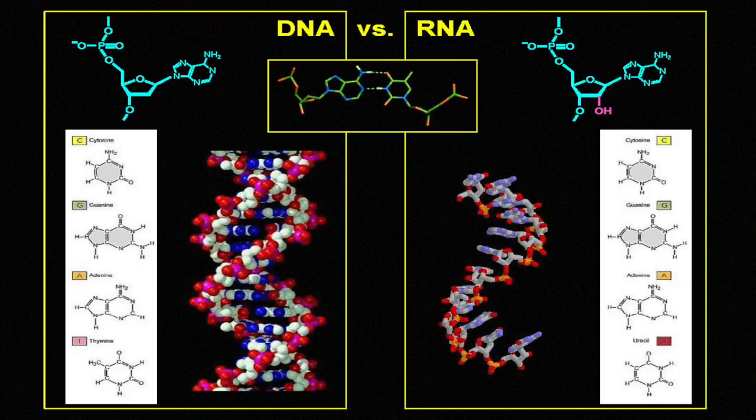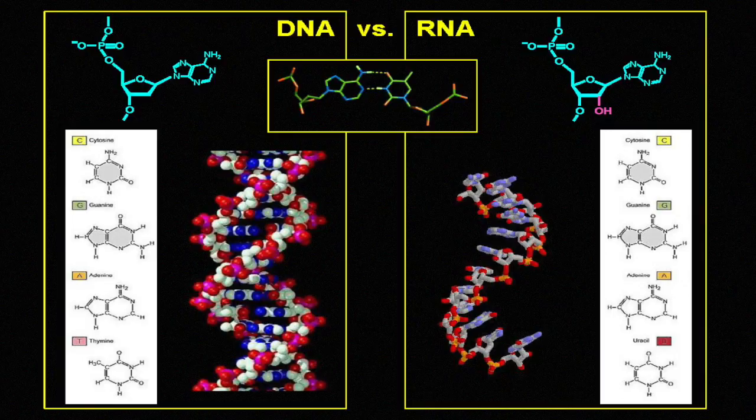This is the most stable form for RNA, single strand, not double strand like DNA. The monomers are ribonucleotides because this is ribose, not deoxyribose. It has this OH group at the 2' carbon of the ribose. And the four nucleobases are C, G, A, like in DNA, but uracil instead of thymine.